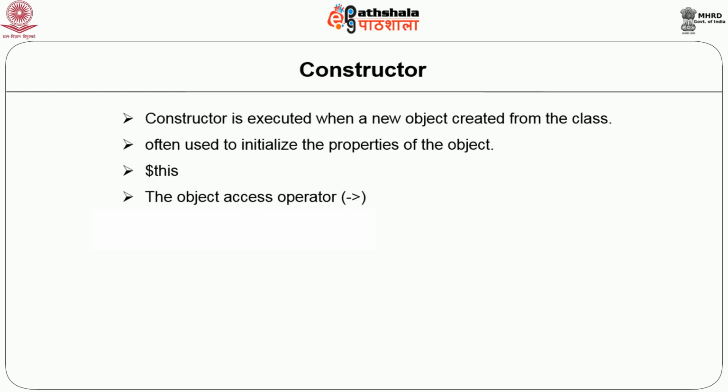As I said, $this is a special variable which you can use within the class. $this stores a reference to the current object, so $this is used to access the properties and methods of the current object. To use it you write $this, then the object access operator, which consists of a hyphen and a greater-than symbol, and then the name of the property or method.